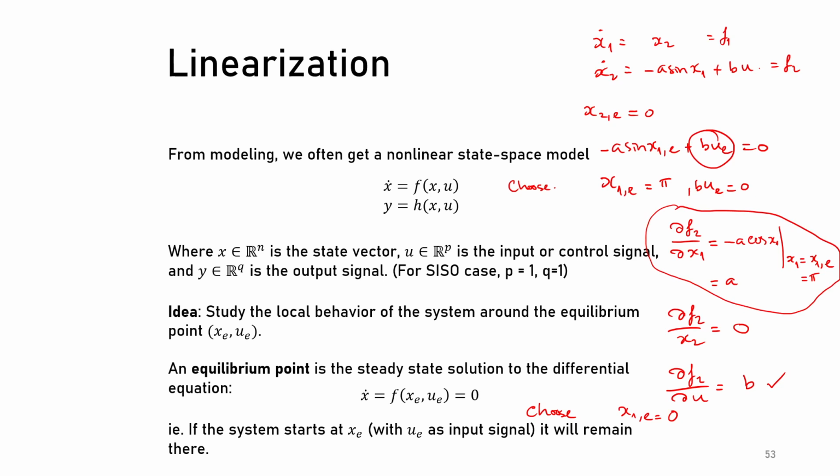So if I find the partial derivative of f2 over h1, I have minus a cosine h1, and then I substitute h1 equal to 0. So now I have minus a. Something interesting here: a is actually a positive number.